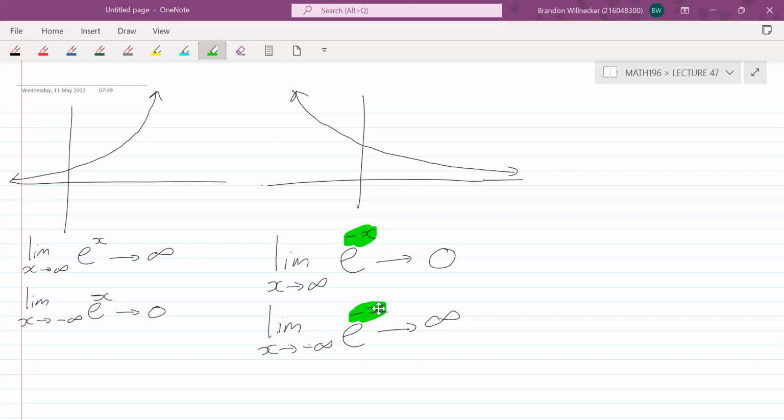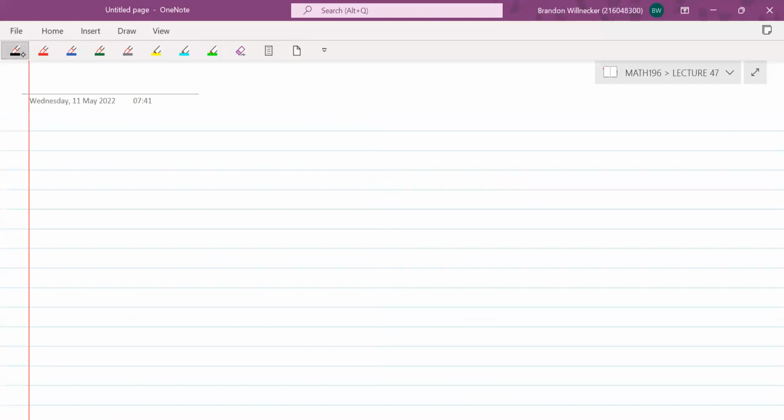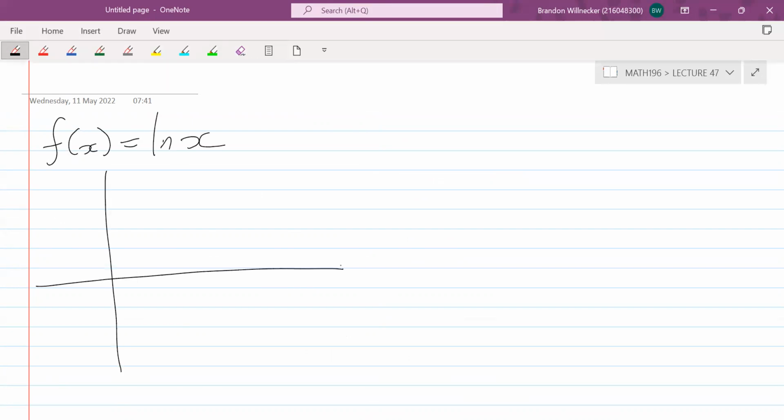Okay, so let's look at the cousin of e to the x, and that is the natural log of x. So what happens when f of x is equal to the natural log of x? Okay, so let's just draw a little sketch so we see what this looks like. We know that it has to go from minus infinity, passes through 1, and then steadily increases like that.